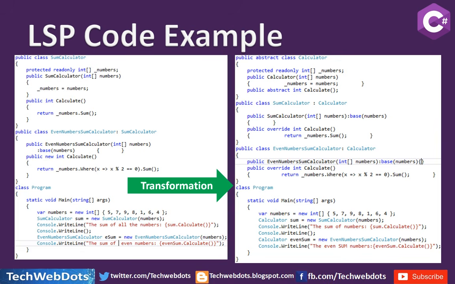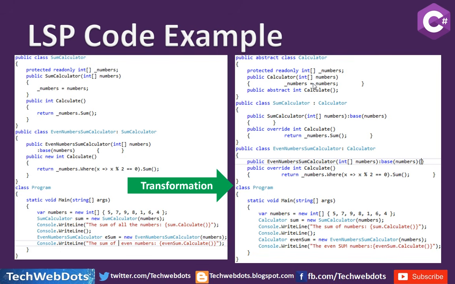So how can we convert this code into the Liskov substitution principle? On the right hand side, you can see first we create a calculator class which performs the basic operations like the calculate method, which is abstract, so that we can implement it according to our need in any class inheriting calculator.